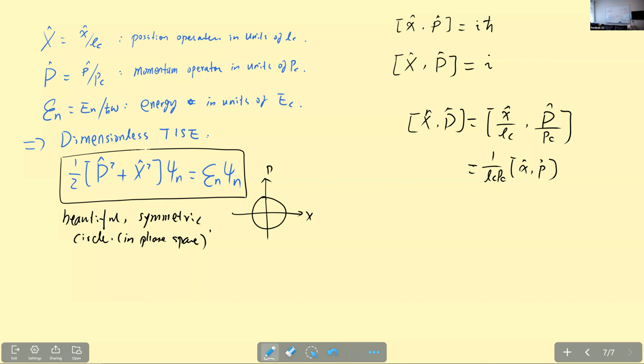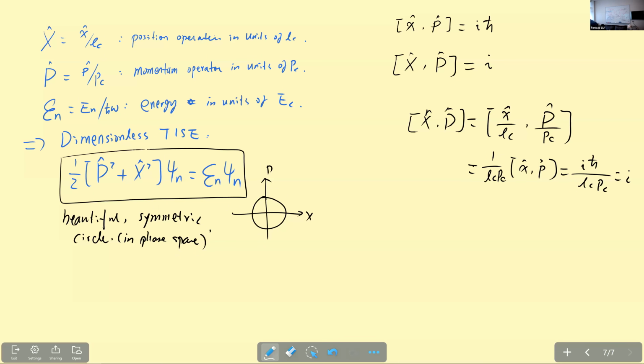And that commutator equals i h bar, divided by LC and PC. But remember, PC equals h bar divided by LC, so that equals i, right? So this is one beautiful thing about this kind of dimensionless position and momentum, okay?